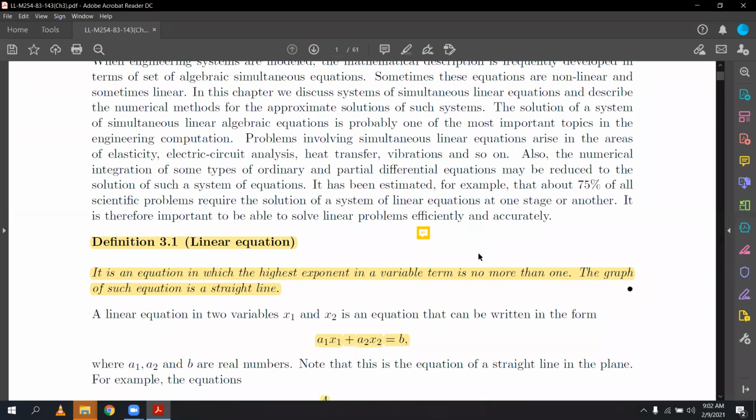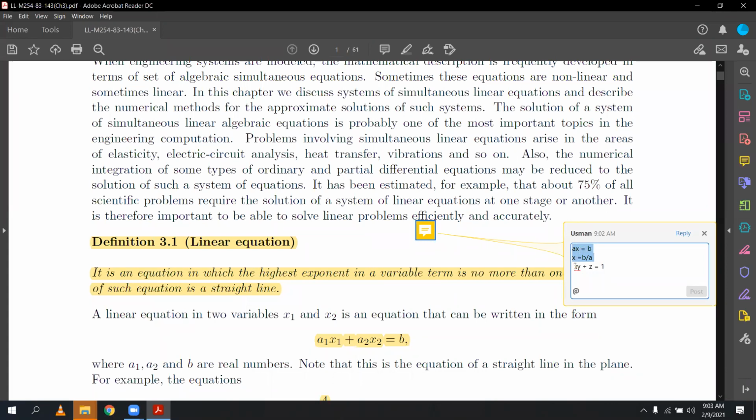And we know what the graph of the linear equation is. The graph of the linear equation is always a straight line. And the simplest linear equation we have is a linear equation of 1 variable. We can easily find the solution of this problem.